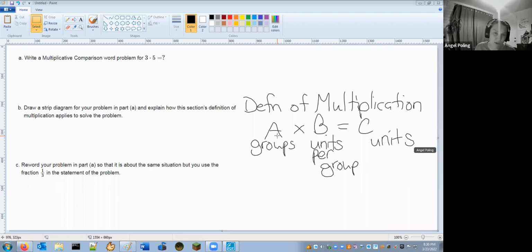If we have a multiplicative comparison problem, then one individual will have B items, for example, and then another individual will have A times as many as the person who has B items.